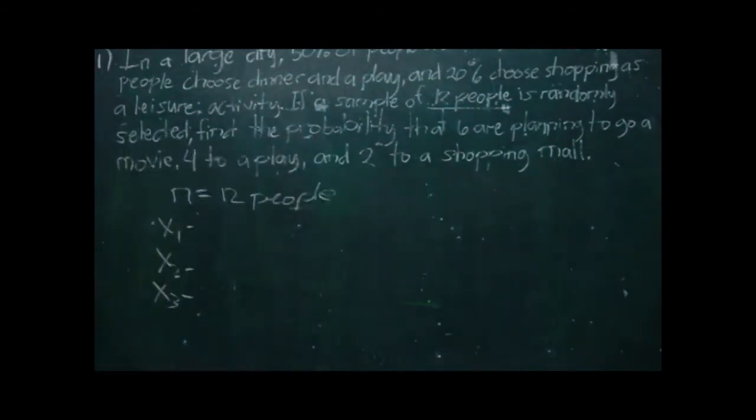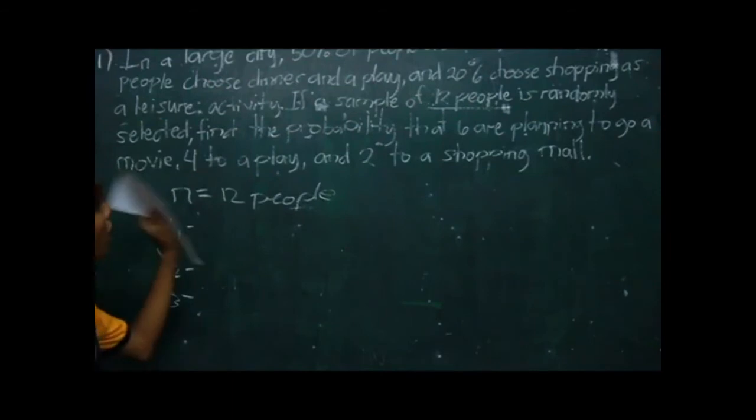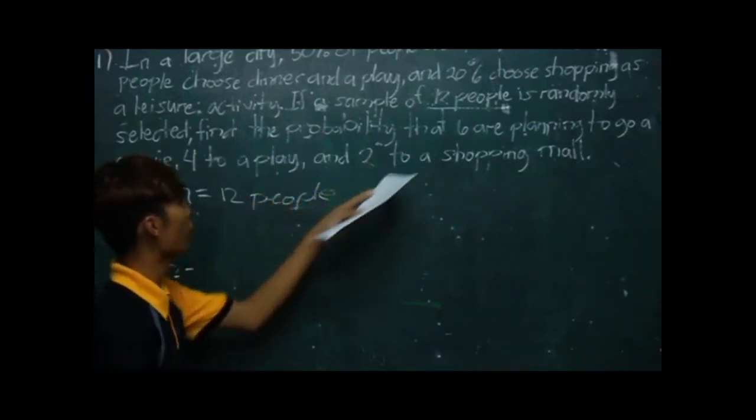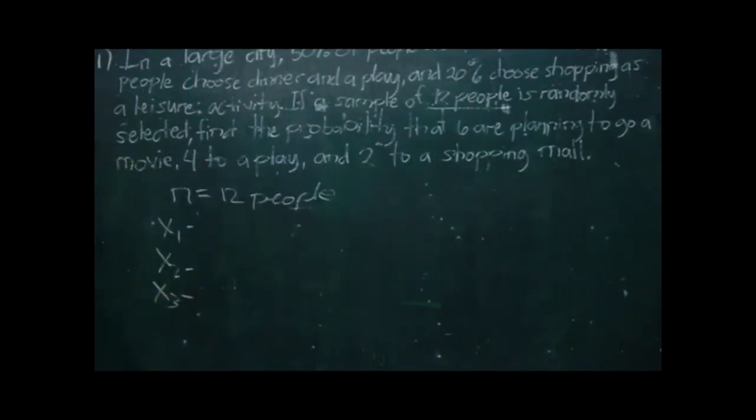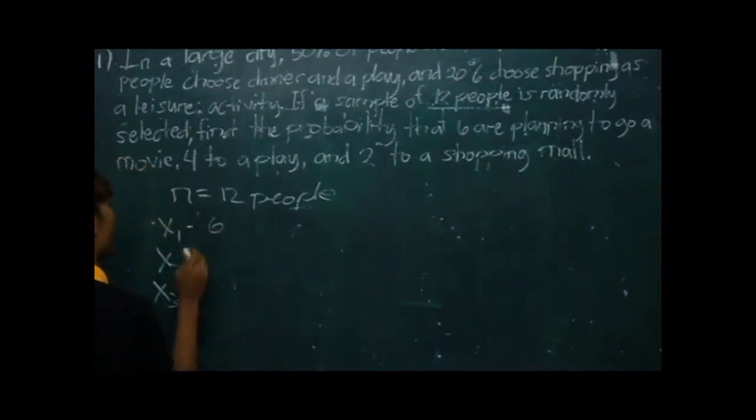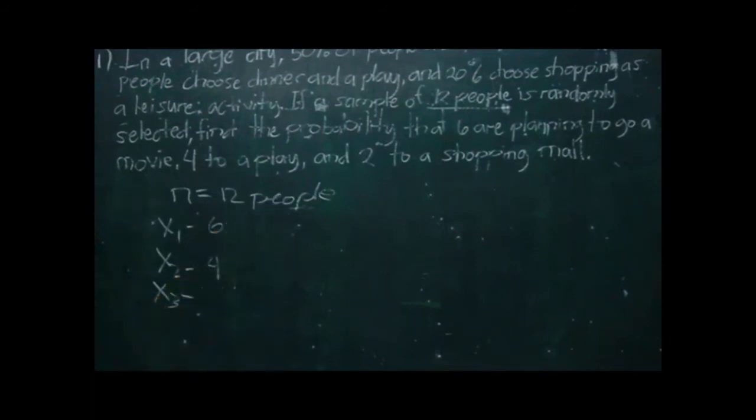First, movie. Second, dinner and a play. Third, shopping as their leisure activity. Since there are 6 people planning on a movie, our x sub 1 is 6, our x sub 2 is 4, and our x sub 3 is 2.